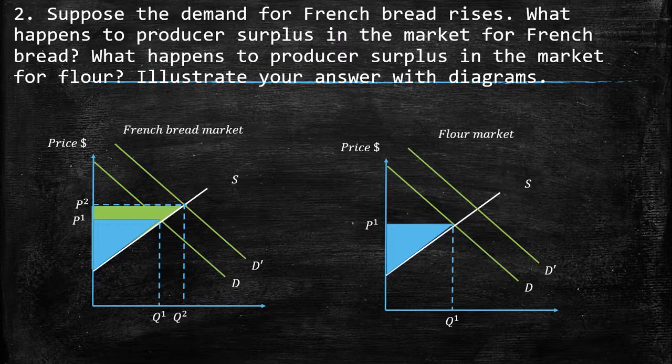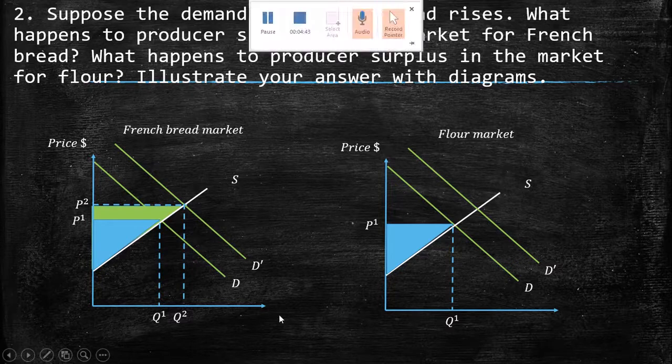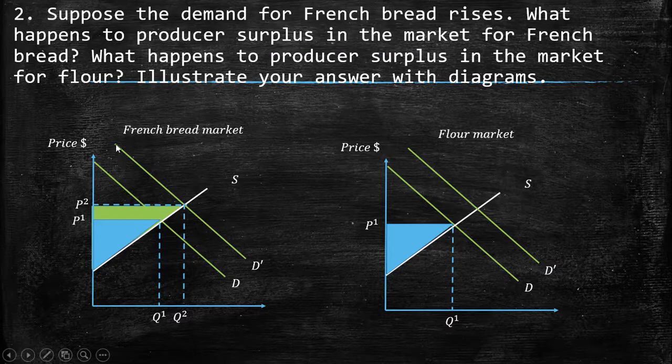Because we have an increase in the quantity of French bread, these producers need flour as an input. So it's going to increase the demand in the flour market, and the demand is going to shift up.